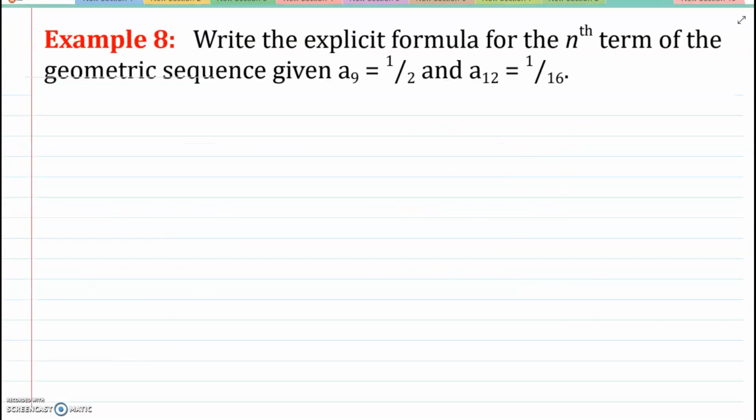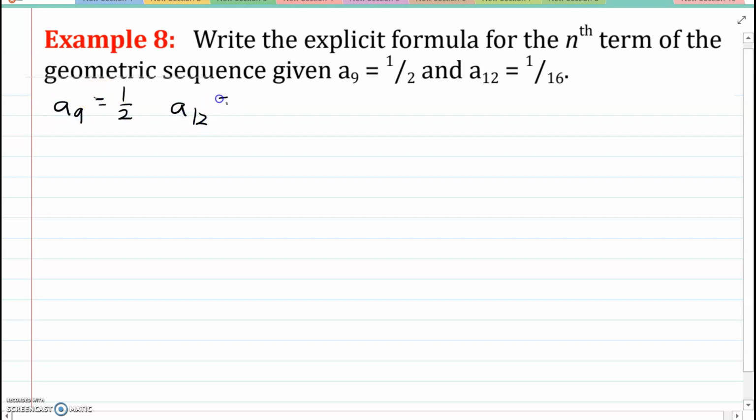Let's try one more. If you're feeling adventurous, go ahead and dive in on your own. If not, copy this down and then keep going. Let's get started. So once again, I'm going to copy down my information using my notation. A sub 9 equals 1/2. A sub 12 equals 1/16.